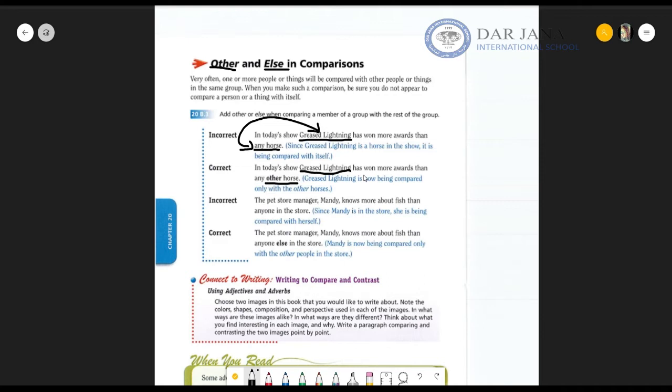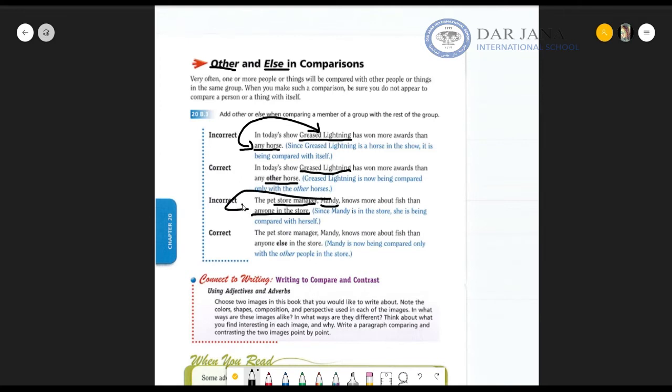And in order to avoid that, I have to insert either "other" or "else." Sentence number 2. The pet store manager, Mandy, knows more about fish than anyone in the store. Now, Mandy is a pet store manager, and she is in the store. So "she knows more about fish than anyone in the store" means she knows more about fish than herself.